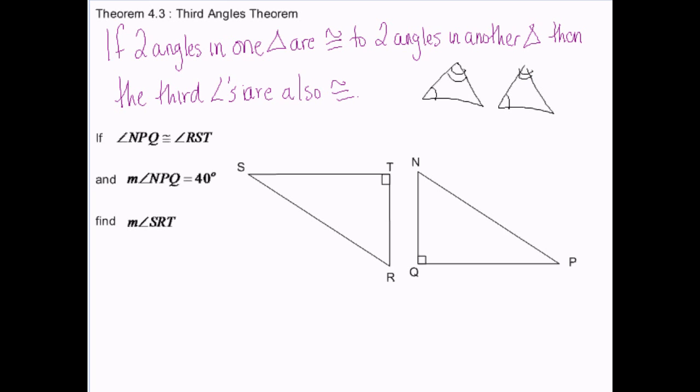So that would make these have to be congruent. Now we can use that to solve problems. So if I have angle NPQ, that angle, is congruent to RST, so that's this angle. And NPQ is 40. Then I want to find SRT. I want to find that angle right there. Well, this one's 40.